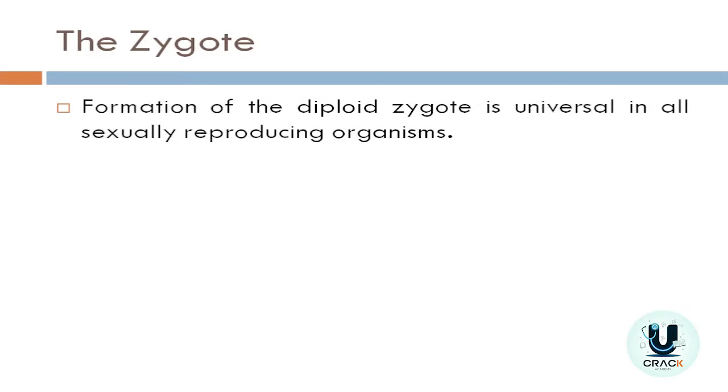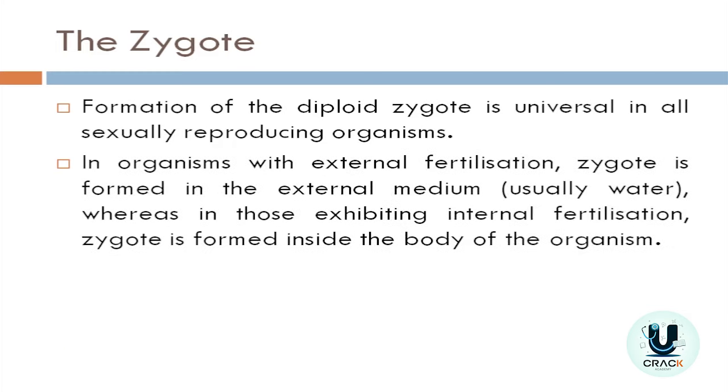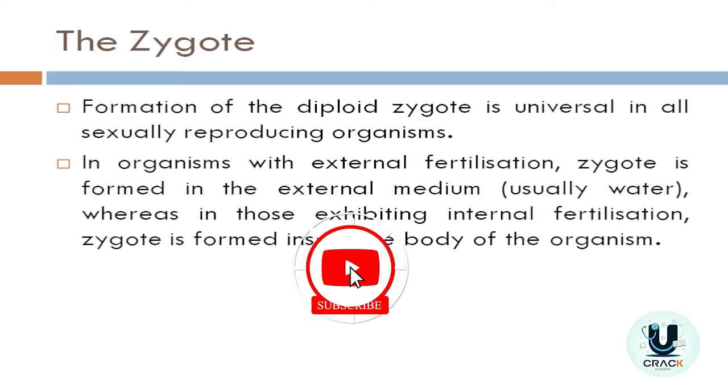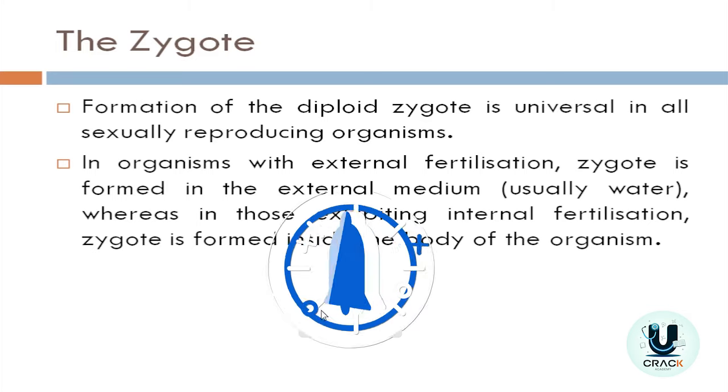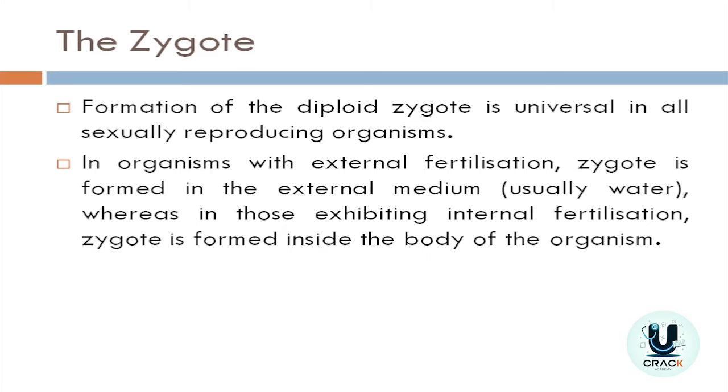Formation of the diploid zygote is universal in all sexually reproducing organisms. In organisms with external fertilization, the zygote is formed in the external medium, usually water, as we have discussed, for algae, bryophytes and pteridophytes. Whereas in those exhibiting internal fertilization, the zygote is formed inside the body of the organism.